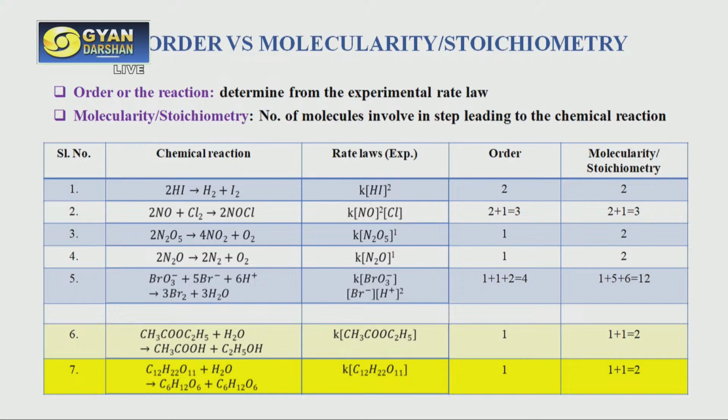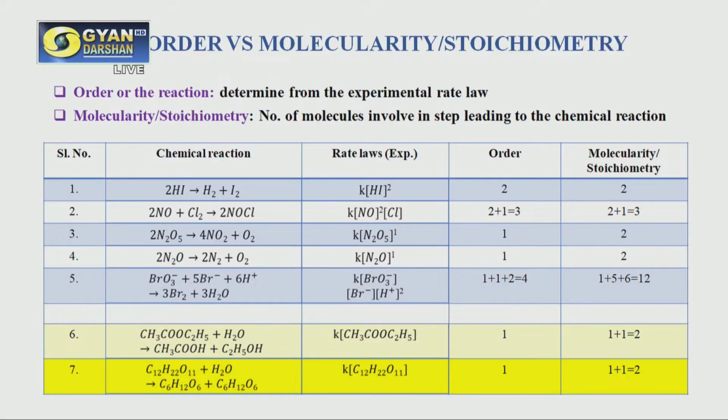Whatever the number of reactant molecules involved in this reaction, this is the molecularity of the reaction. We have given some examples here. See the first example, where 2HI gives H2 plus I2. The rate law we have given is the rate constant times HI squared. Here the experimentally found order of the reaction is 2, and simply by looking at the chemical reaction we can say the molecularity is also 2.